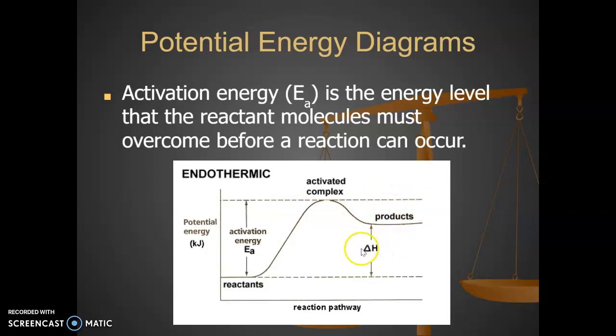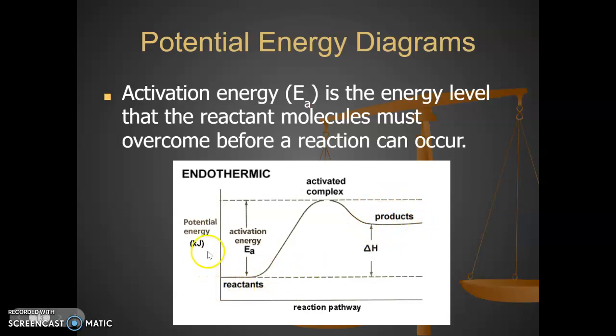And the delta H, this is the change in the enthalpy. And this is going to tell us whether or not our reaction is endothermic or exothermic. Now you can see here that this particular reaction is already labeled for us. It is endothermic. And this is because the energy of the products is greater than the energy of the reactants.